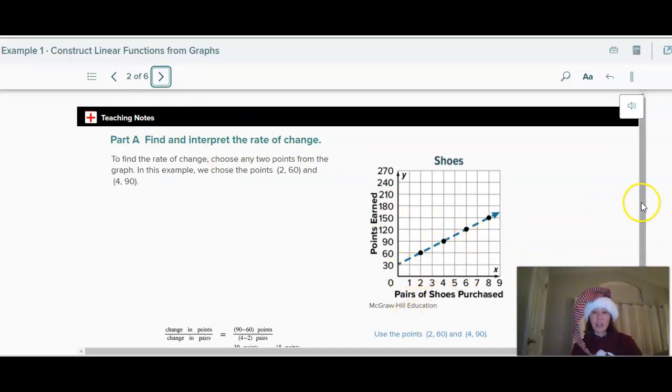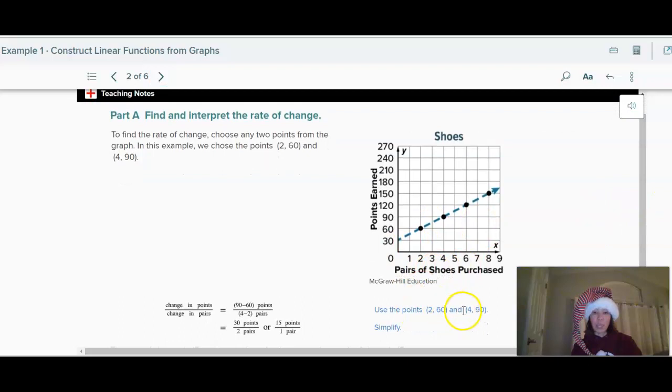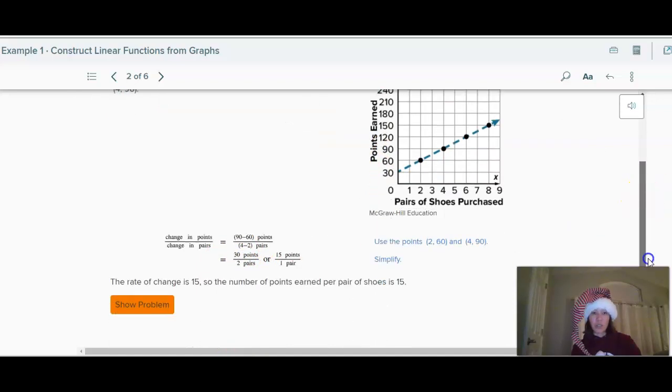You can either use 2 points, say 260 and 490, so 260, 490, and use the slope formula, y minus y over x minus x, or you can see that it goes up 30 over 2, paying attention to the axes, up 30 over 2, which is 15.